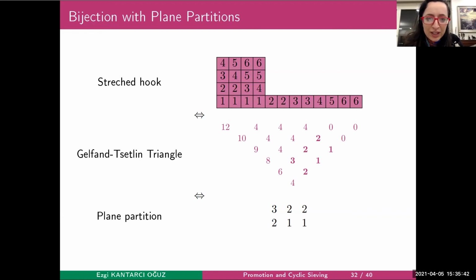This was already there, and there is actually an easier way to get a bijection with plane partitions and tableaux, but this is the one that works well because under this bijection, the promotion operation goes to a toggle operation on plane partitions. And we're actually in the realm of what is called dynamical algebraic combinatorics right now because it has so much movement. That's where promotions and toggles and all these nice local operations happen.